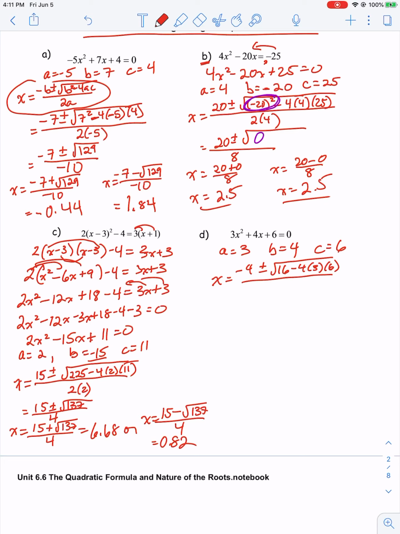All over 2a. 2 times 3. So negative 4 plus or minus the square root. 16 minus 4 times 3 times 6 equals negative 56 over 6. What's going to happen? Think about it.